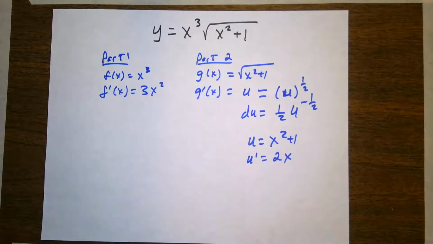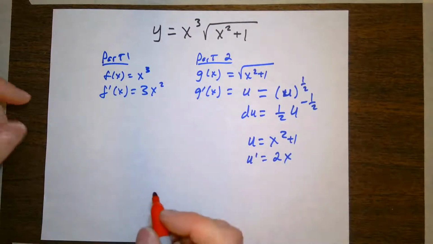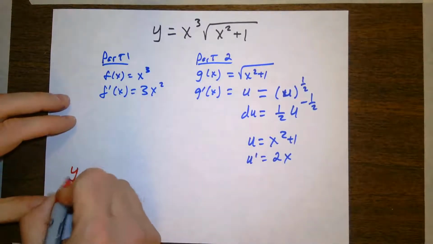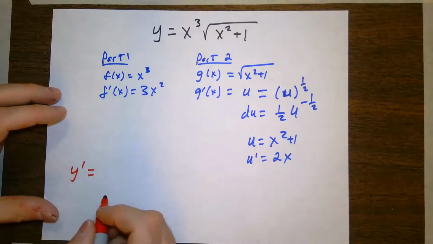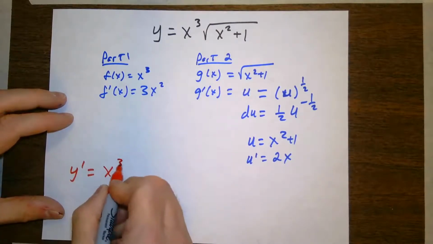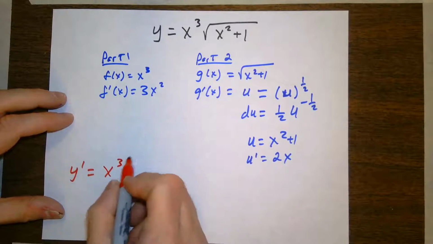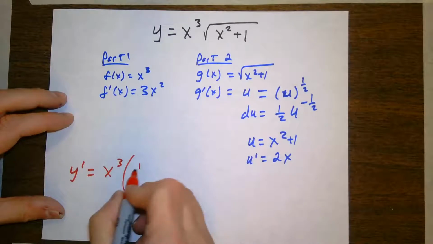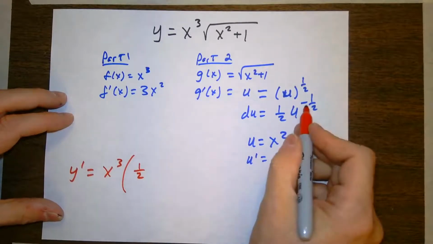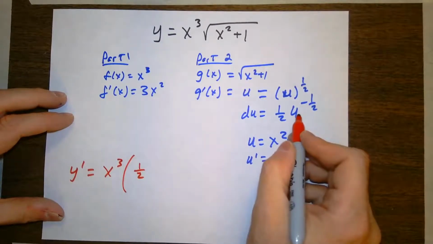All right, so putting it all together, let's see what happens. So y prime, my derivative, is going to be the first, x cubed, times the derivative of the second. What's the derivative of the second? 1/2 times u to the negative 1. What is u here?